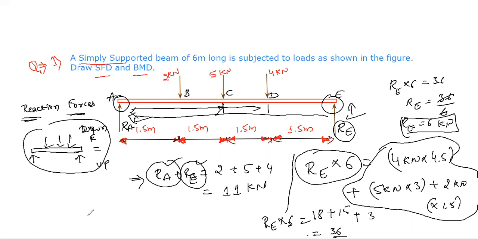Now you substitute in this equation, you will get Ra is equal to 11 minus 6, which is how much? 5 kilonewton. So these reaction forces acting here: at this portion Ra is equal to 5 kilonewton, and at this portion Re is equal to 6 kilonewton.